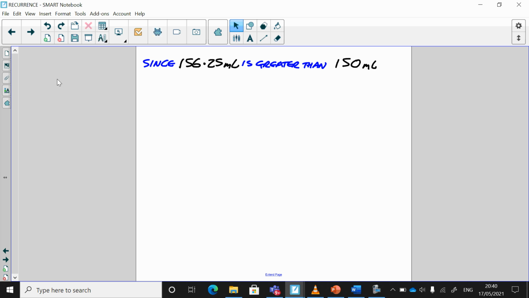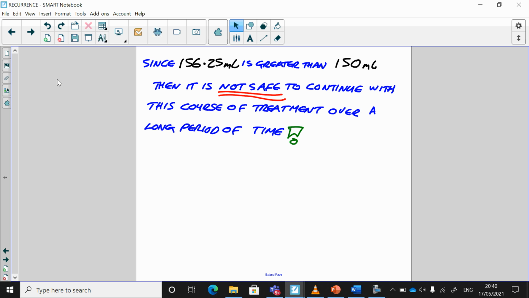So hopefully you would agree it is not safe to continue the course of treatment over a long period of time. But up to a certain period of time, you might be able to continue with it. And we'll look at that in a wee minute. Remember, answer the question they are asking, not the question that's in your head.